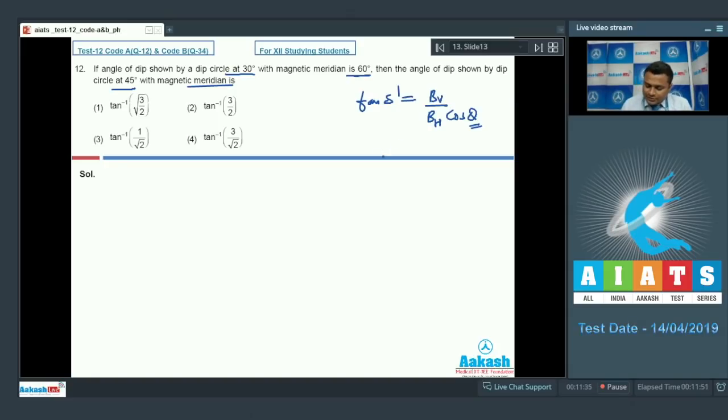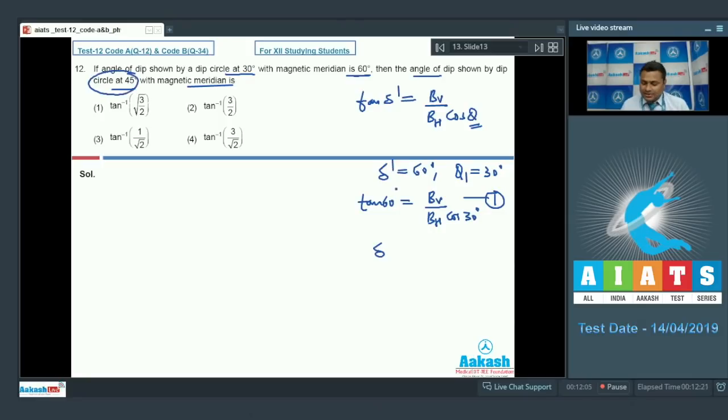Now in case 1, delta dash is given as 60 degrees. On the other hand, theta 1 is 30 degrees. Putting the values, tan 60 equals BV upon BH cos 30 degrees. Equation number 1. Next, if theta is changed, that is the angle with the magnetic meridian, 45 degrees given, theta is changed from 30 to 45, so the apparent dip will also change.